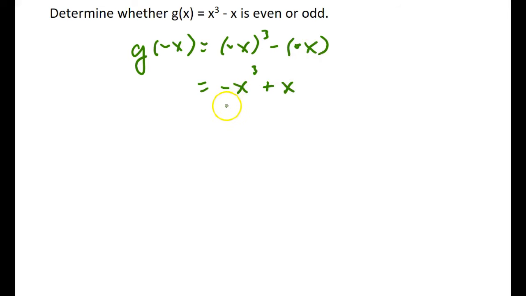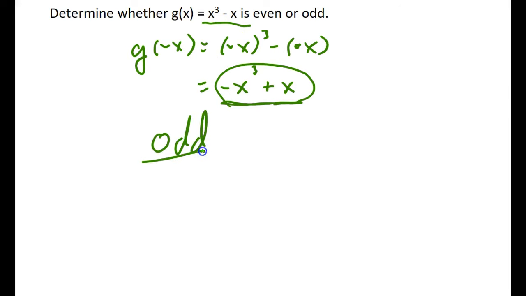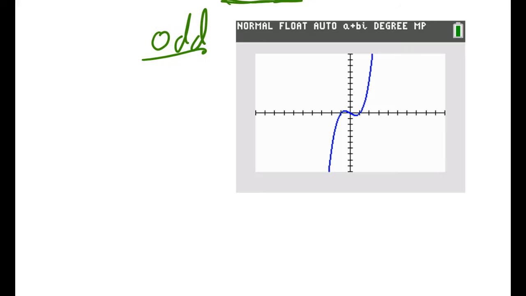Notice that this is the exact opposite, the negative, of what we started with. We started with positive x cubed minus x. We ended up with negative x cubed plus x. Since our new function after we plugged in negative x is the opposite of what we started with, this function is odd. And let's take a look at this graph.